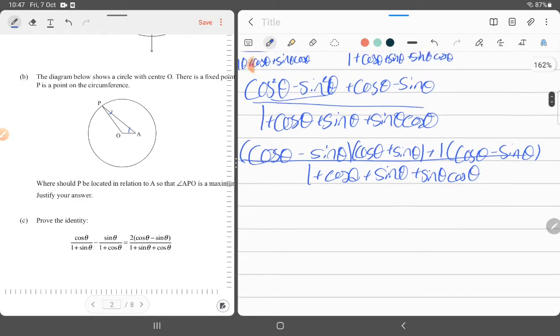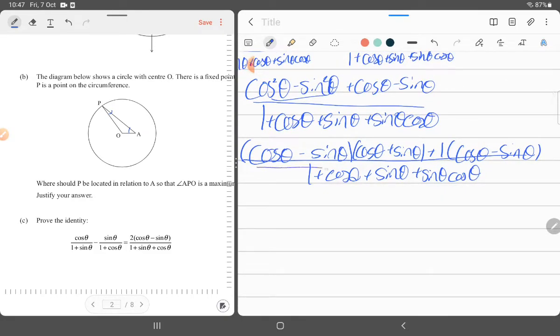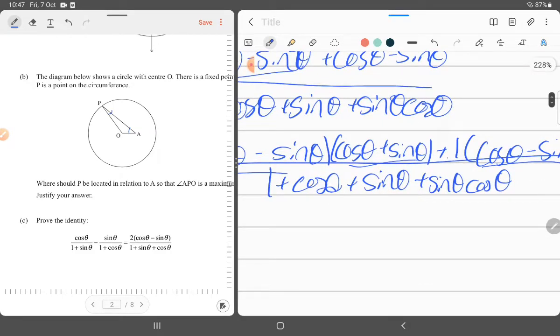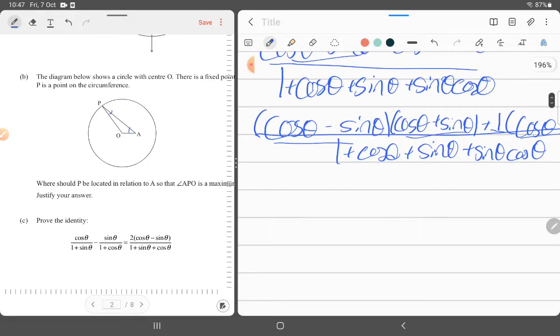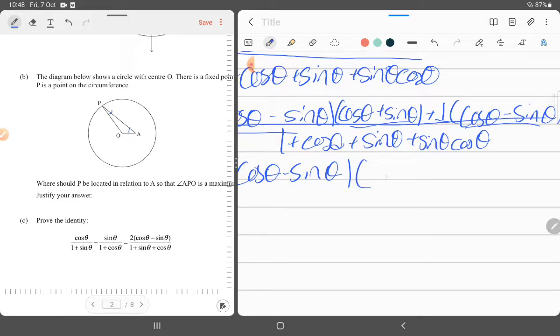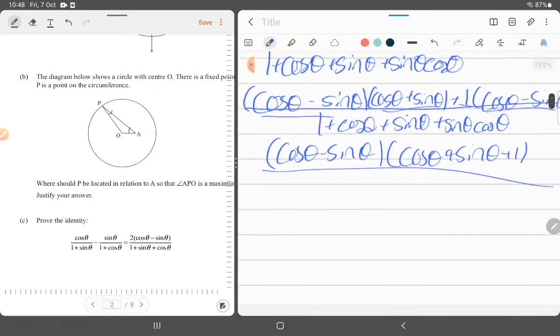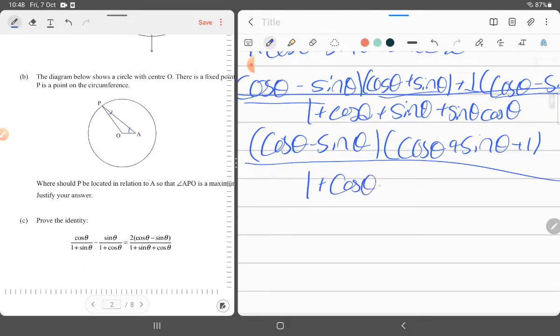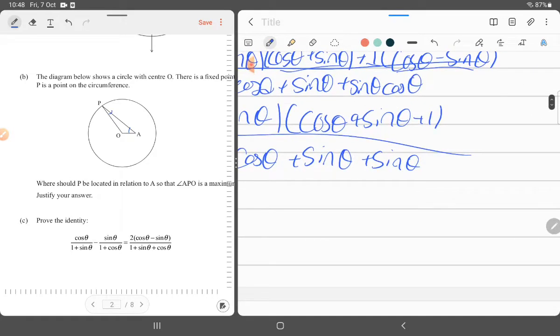So because of the like terms, we can factorize this into cosine theta take away sine theta and cosine theta plus sine theta plus 1, all over 1 plus cosine theta plus sine theta plus sine theta cosine theta.